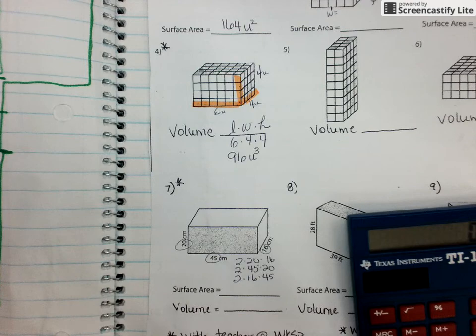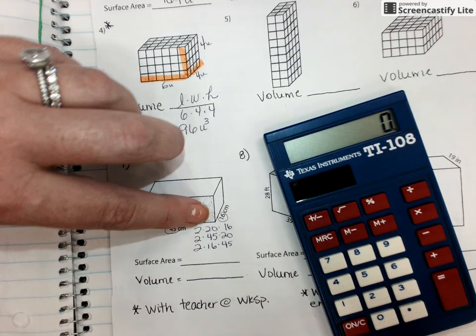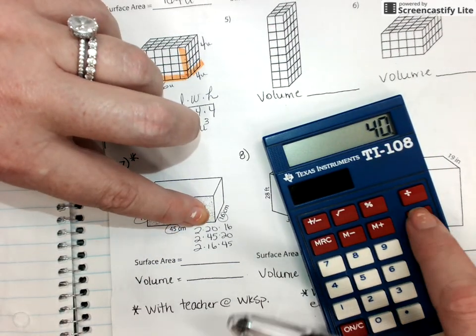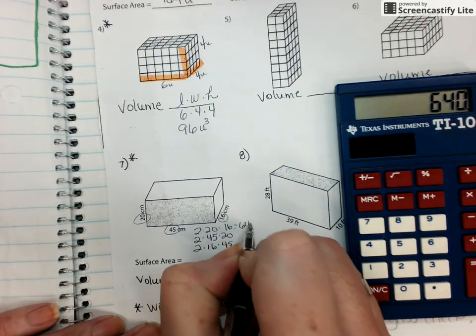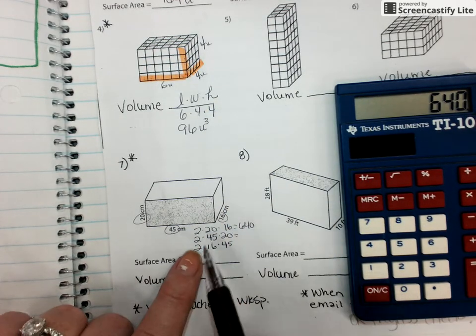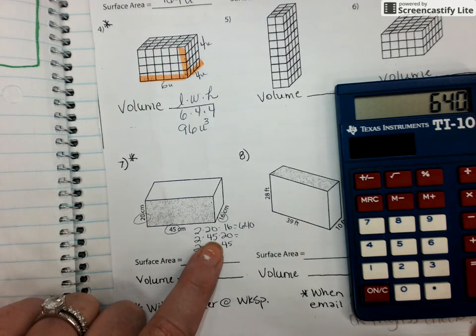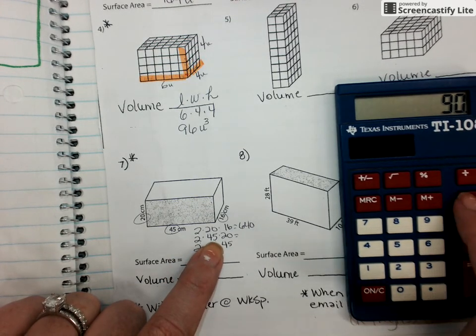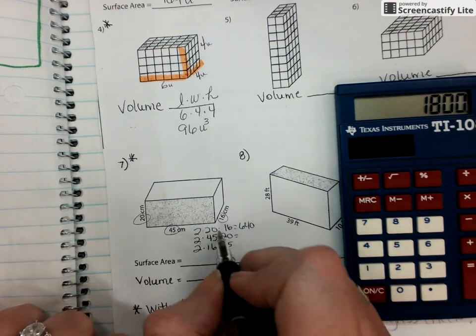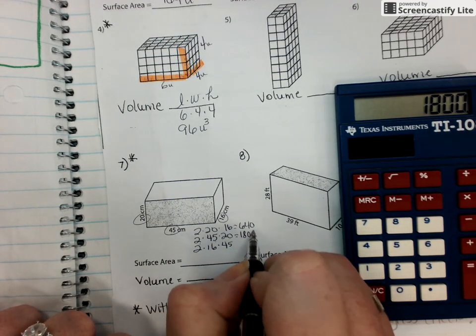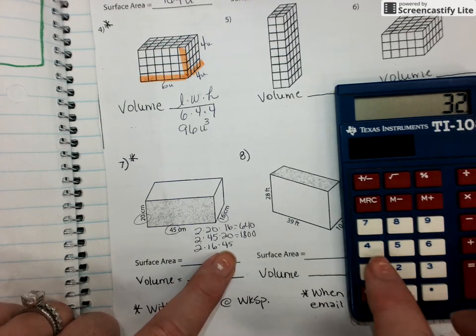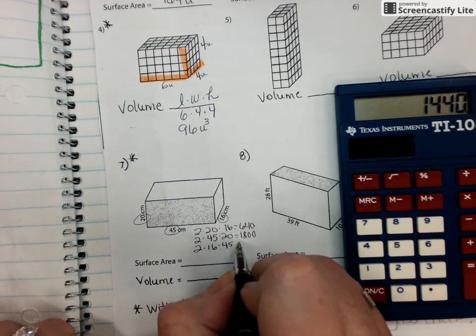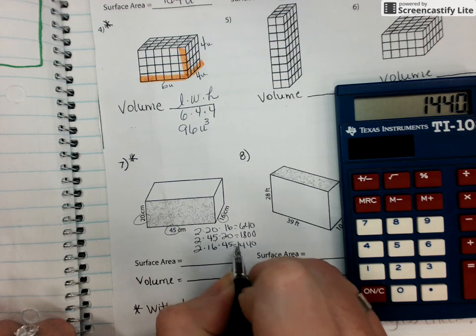I'm going to figure 2 times 20 is 40 times 16. Wow, 640. I knew those numbers were going to be big. 2 times 45 is 90, and 90 times 20 is 1800. I could do that one in my head. 2 times 16 is 32, times 45 is 1440.